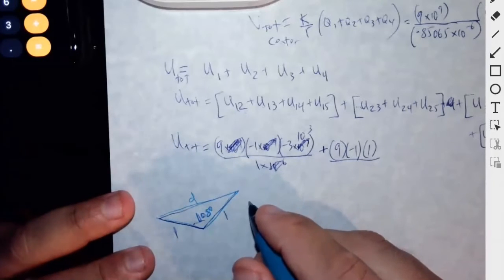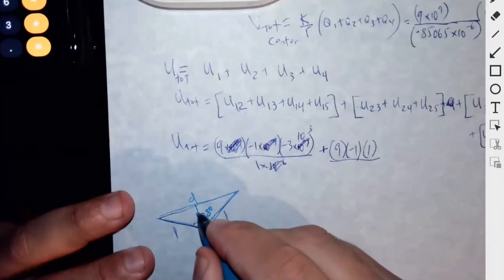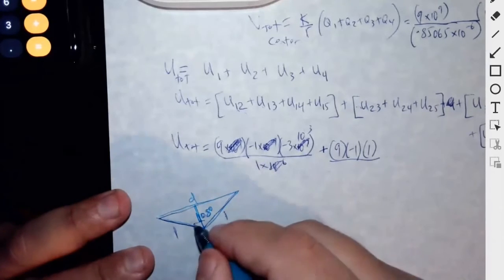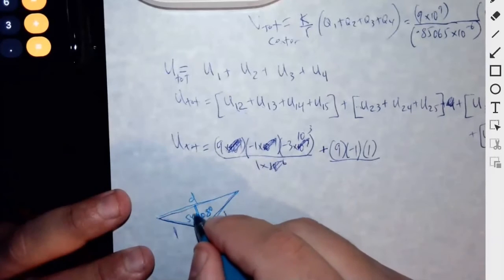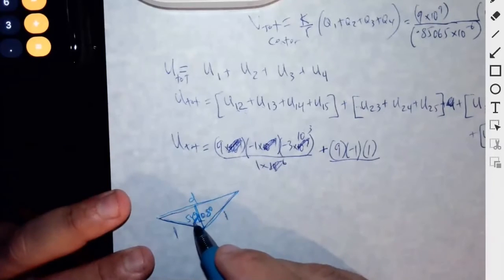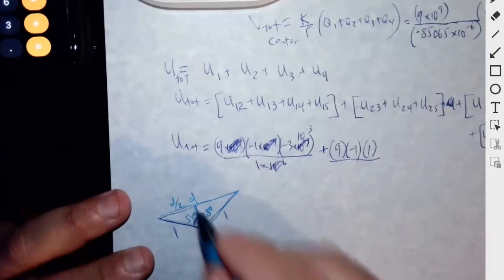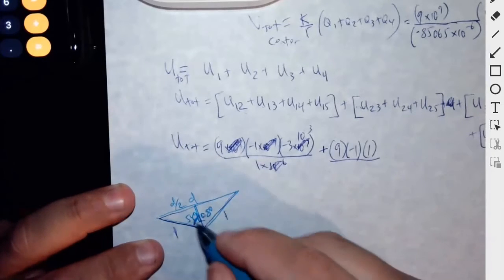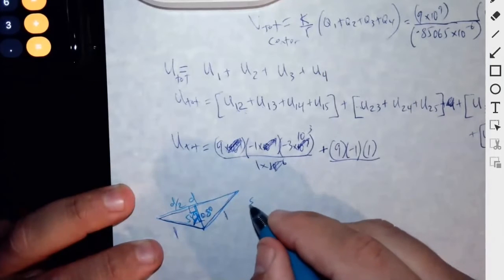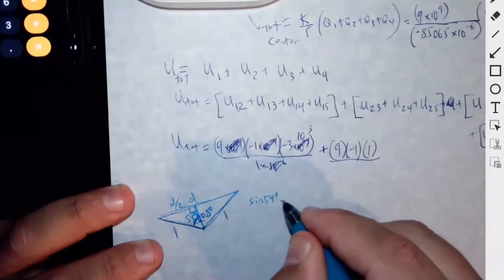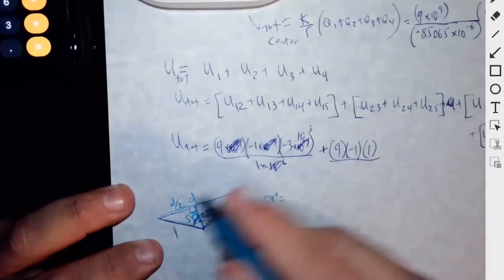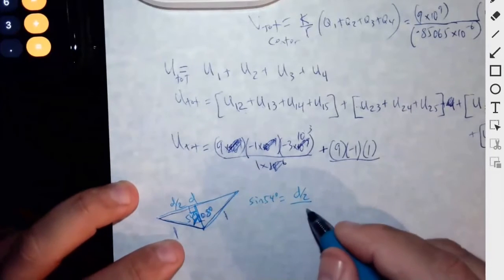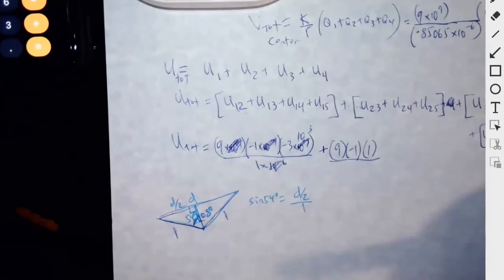So what would this distance be? I guess the easier way would be to just break this in half, because it's isosceles, and say this angle is 54 and this is d over 2, right? So sine of 54, this is a 90-degree angle, sine of 54 is d over 2 over 1. Okay, so then that's d.